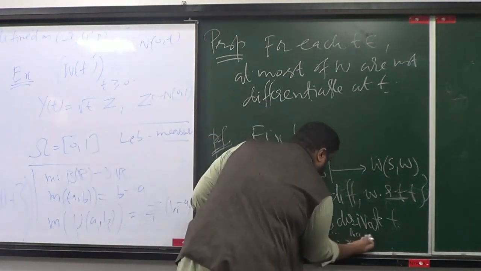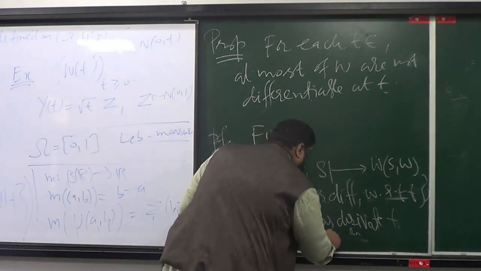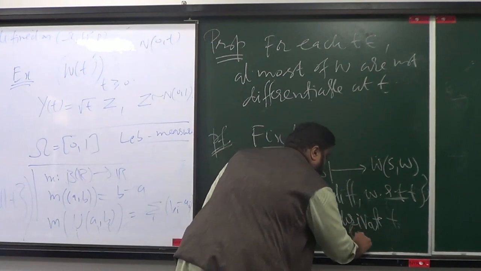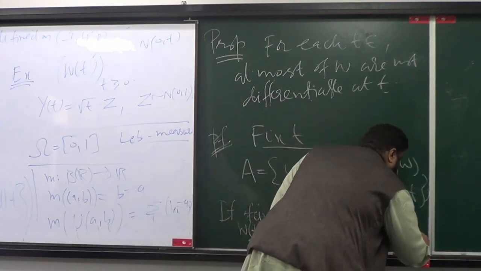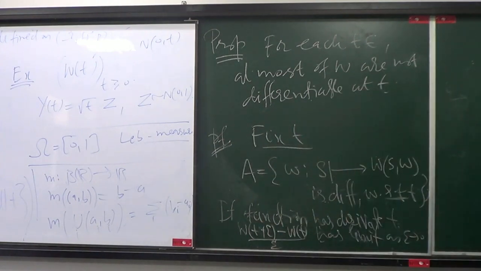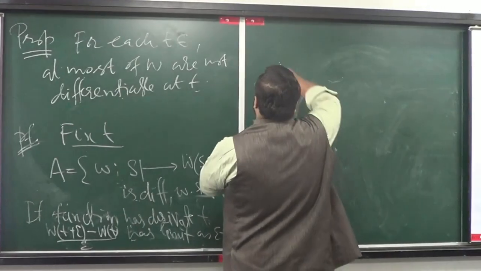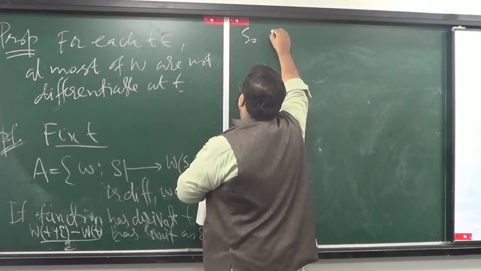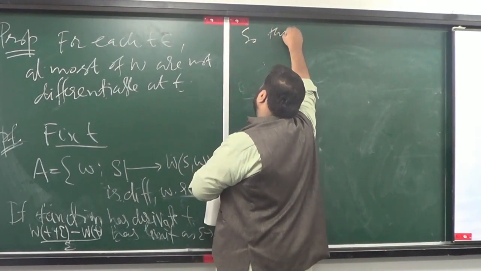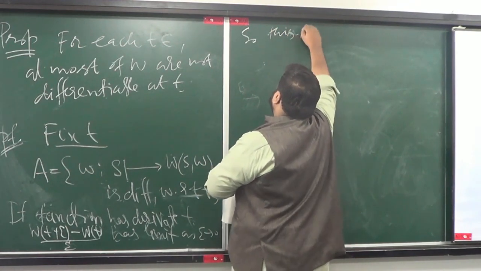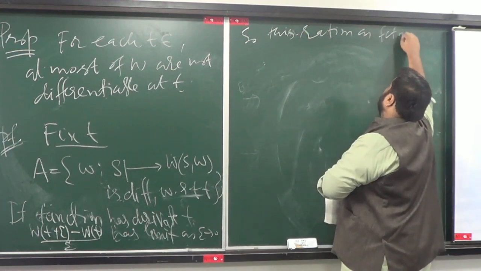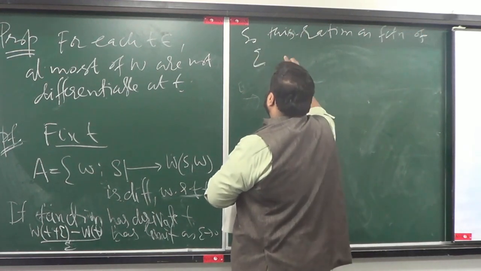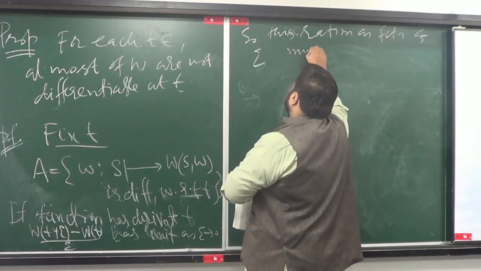First of all, we say this has a limit. It exists as epsilon goes to 0. And because of having a limit, I can say that this ratio, as a function of epsilon, must be bounded.